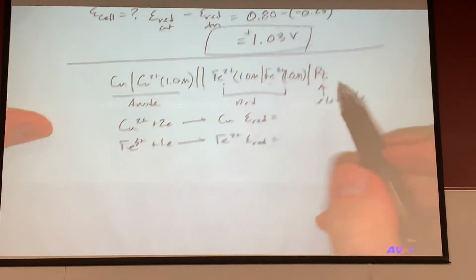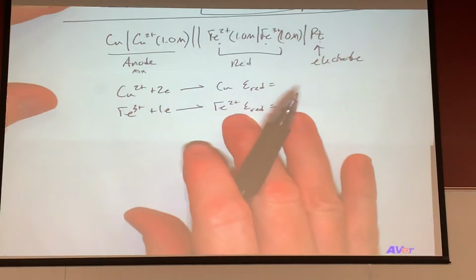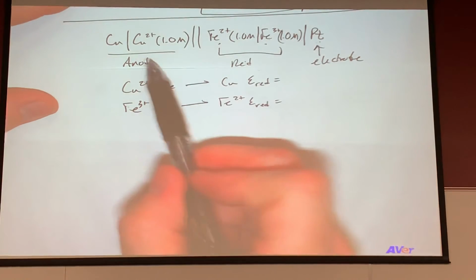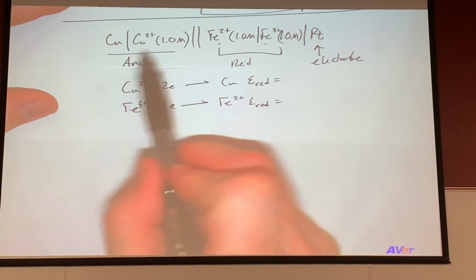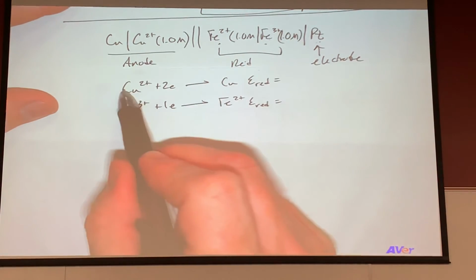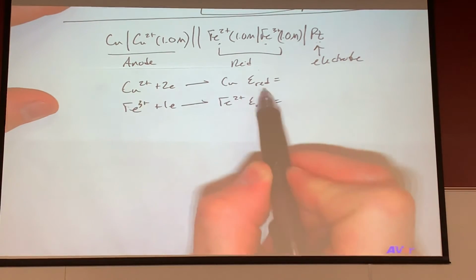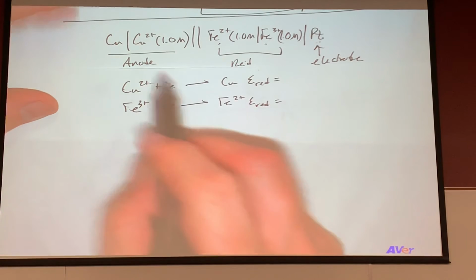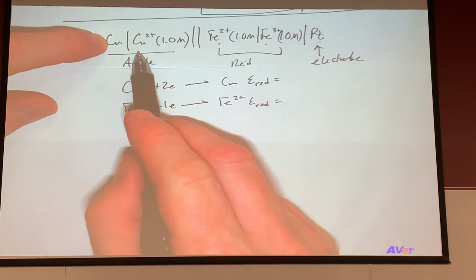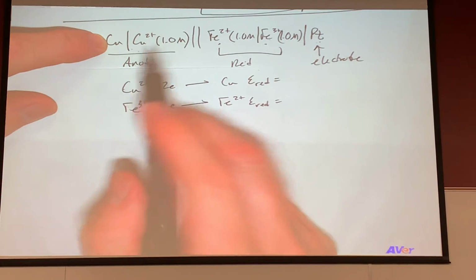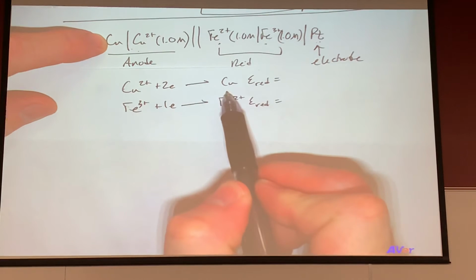Because you're not interested in this stuff. This is your oxidation, right? And even though the potentials are always written in a reduction potential fashion, even though in this compartment and at that anode oxidation occurs, you still write it as a reduction equation.